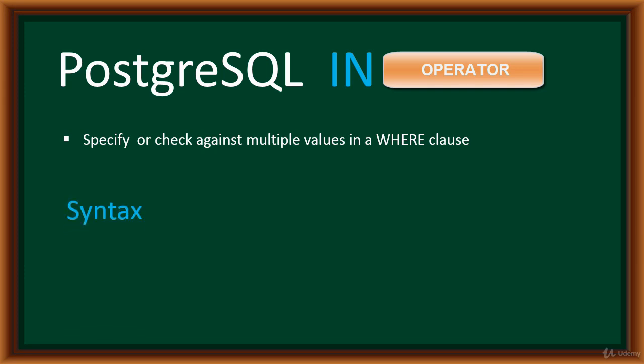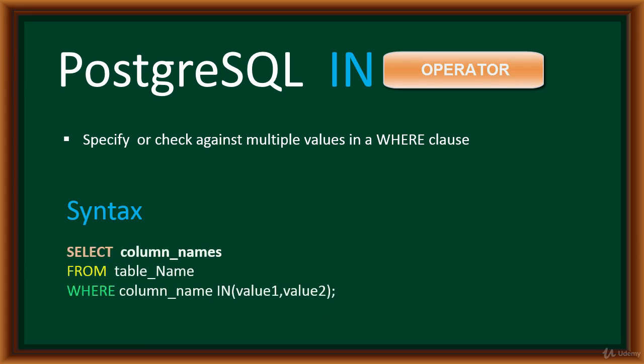So let's have a look at a couple of syntaxes. The first is this. You specify the IN operator inside the WHERE clause. You can see this is the IN operator here, and it is specified inside the WHERE clause.